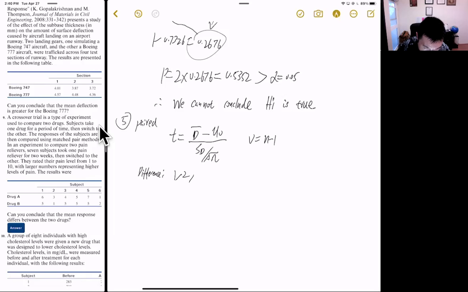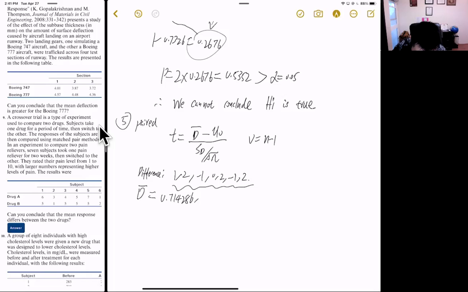You can calculate the remaining. For subject 3, 4 minus 5 is minus 1. From there, we can calculate the mean value for the difference. We add all the numbers together and divide by 7. So that's 0.714.